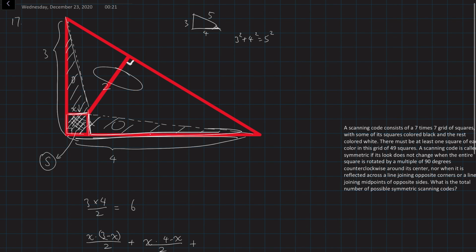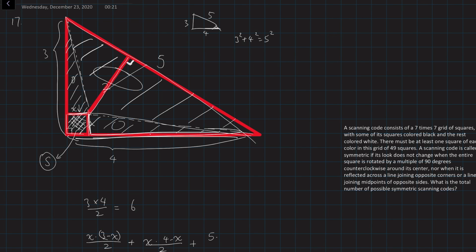Plus, now it's the turn for the big triangle. We know that this is 5. This is a special triangle that appears in contests a lot. The height is 2, so the area of that triangle, shaded here, would be 5 times 2 divided by 2. We're not done yet. We still have x squared.